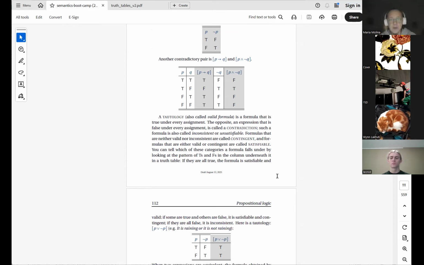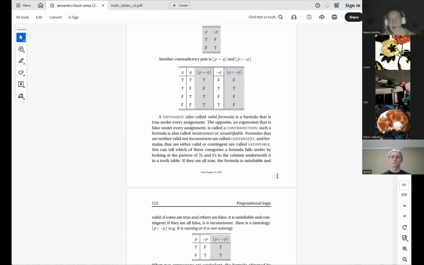Now, a tautology, also called a valid formula, is a formula that is true under every assignment. Whatever data we feed to this formula, it's valid. And the opposite of a tautology is called a contradiction. Whatever data we feed to the formula, it is false.